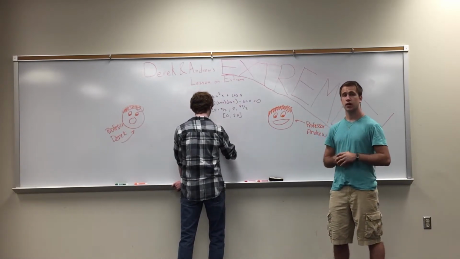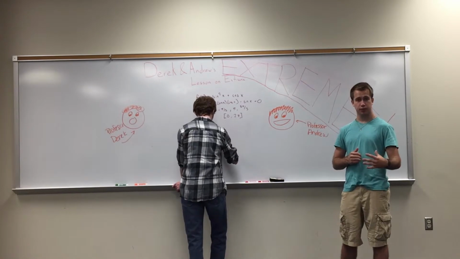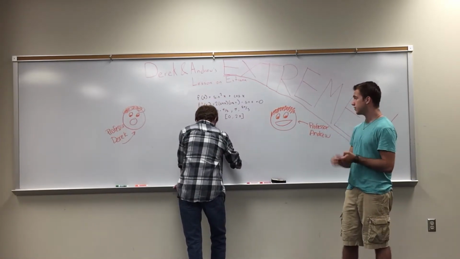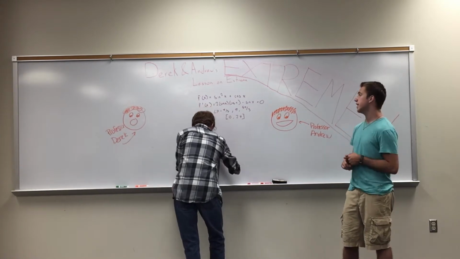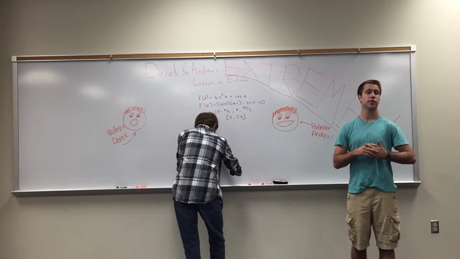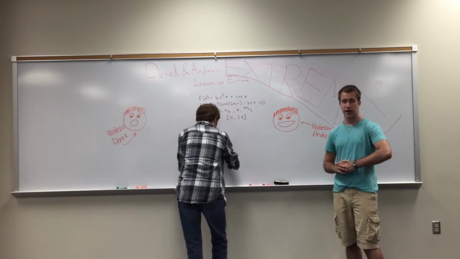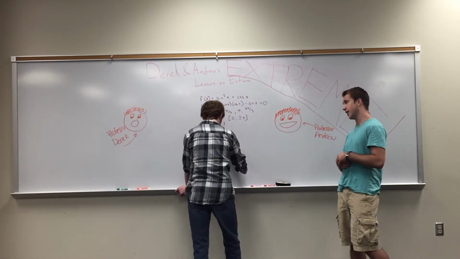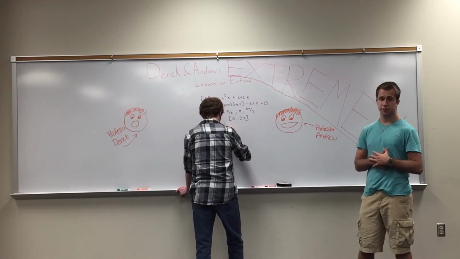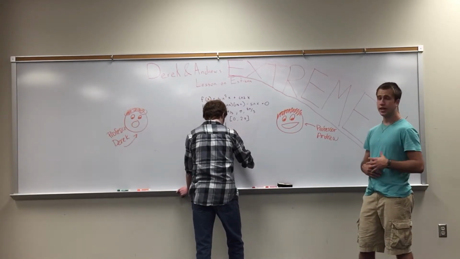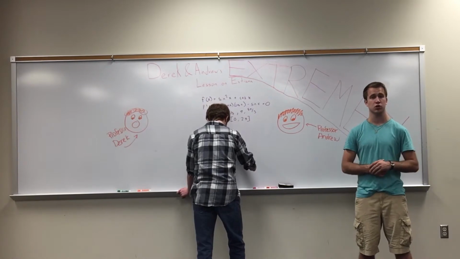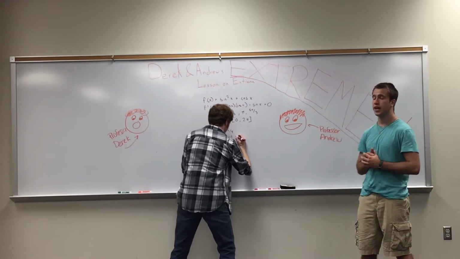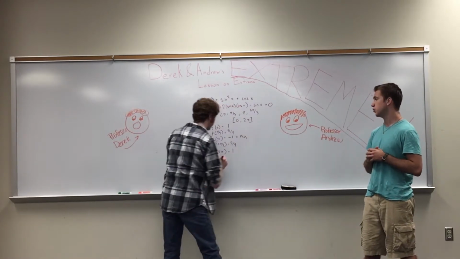So we're going to compare the y value of the endpoints and the y value of each of the critical points. So we have f of 0, f of pi over 3, f of pi, f of 5 pi over 3, and f of 2 pi. Those are some extreme values that we're about to find. After plugging in the equation and using your reference triangle, you can determine that f of 0 is equal to 1.